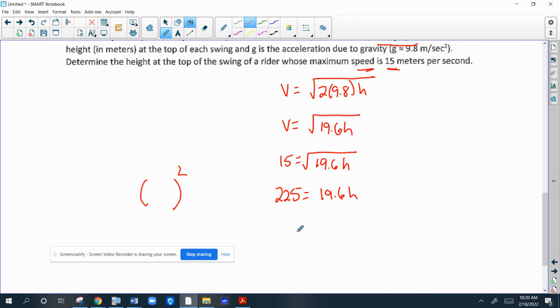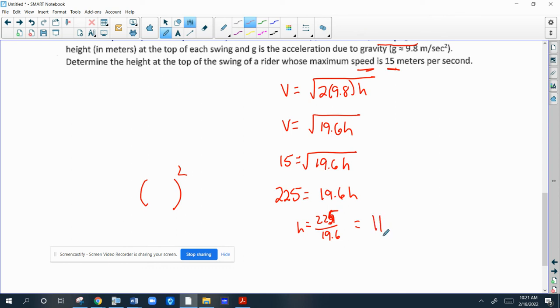You just have to get rid of the 19.6 just by division. So 225 divided by 19.6 is 11.479.